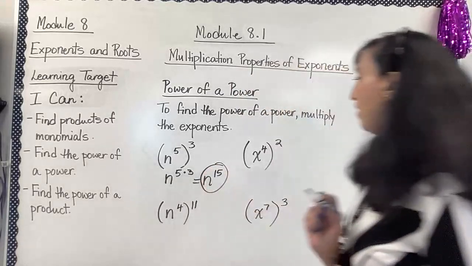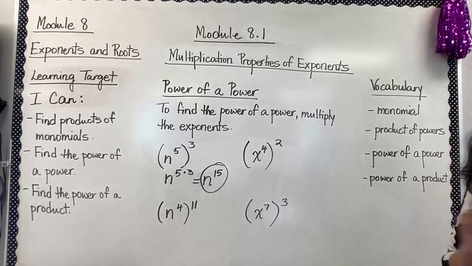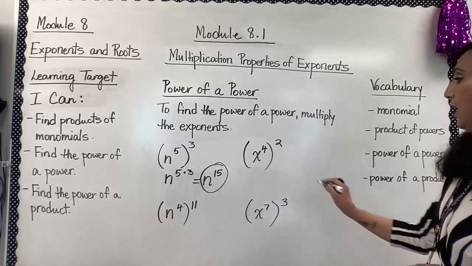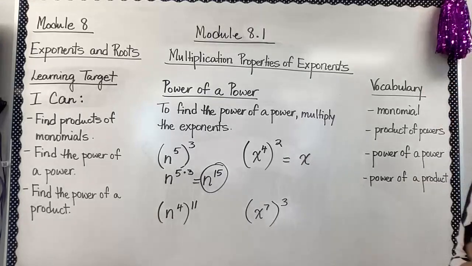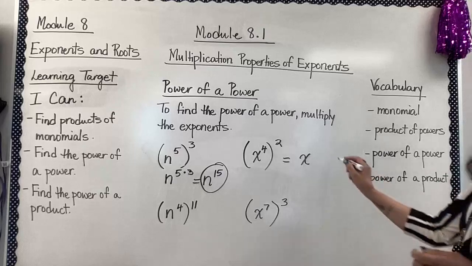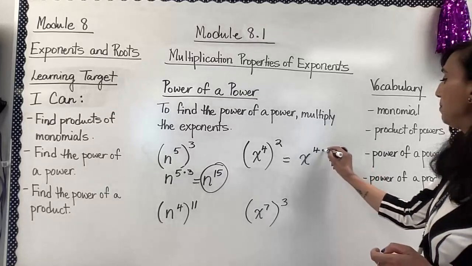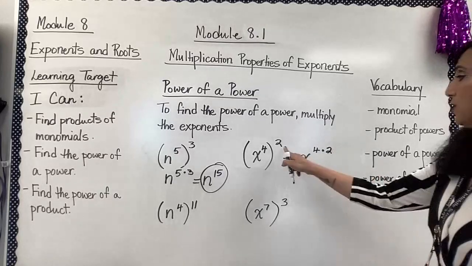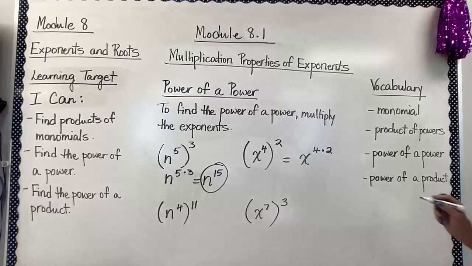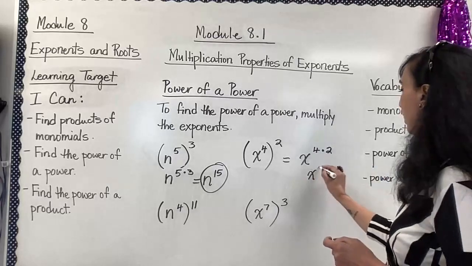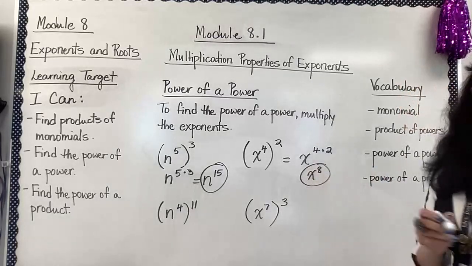This is the simplified version. Okay, let's look at this one. We have x to the 4th power times 2, because this is power of a power. And so I get x to the 8th power. There's my solution.